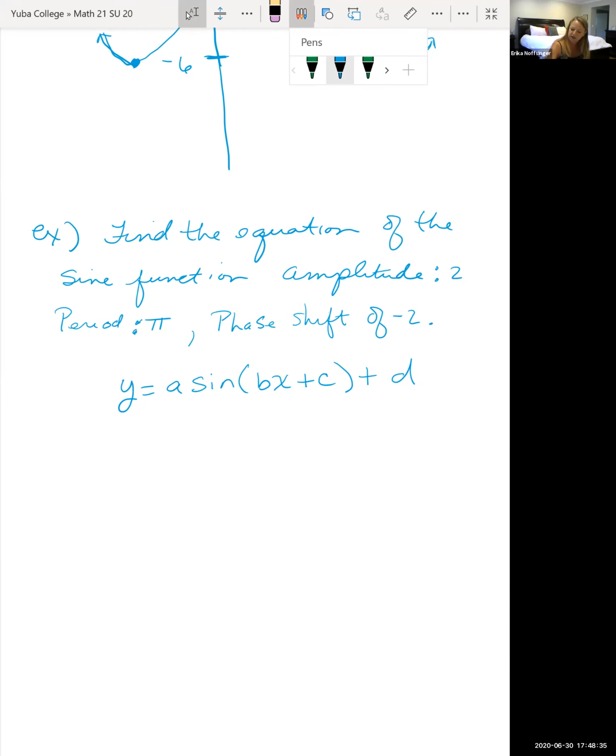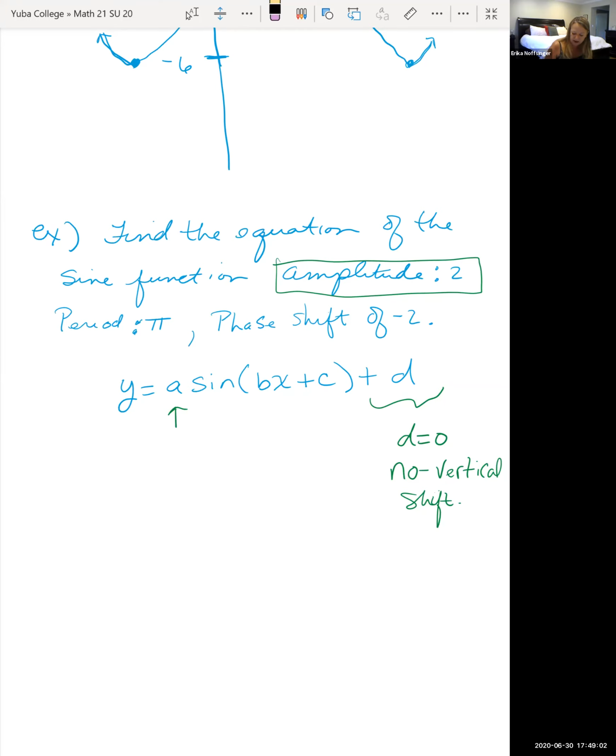So D is going to equal 0. Our A value, well, it told us that the amplitude was 2, and it didn't tell me anything about the direction of the graph being different, so we're going to assume it's +2.